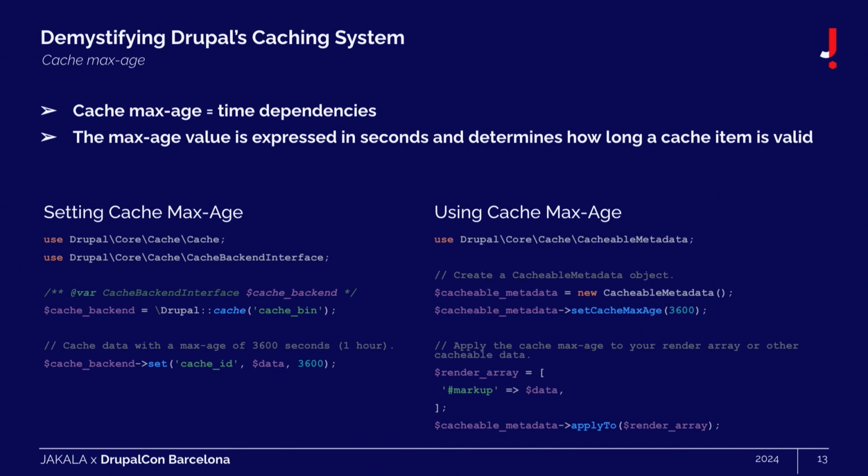So for example, you can see on the left side, we set cache ID, we put our data, and we say 3600 seconds, which means 1 hour. After 1 hour passes, the data will be calculated again and taken from the database instead of from the cache. And the usage is exactly the same as before, but now we have set cache max age, our array, and then we say this cacheability data is applied to our array.